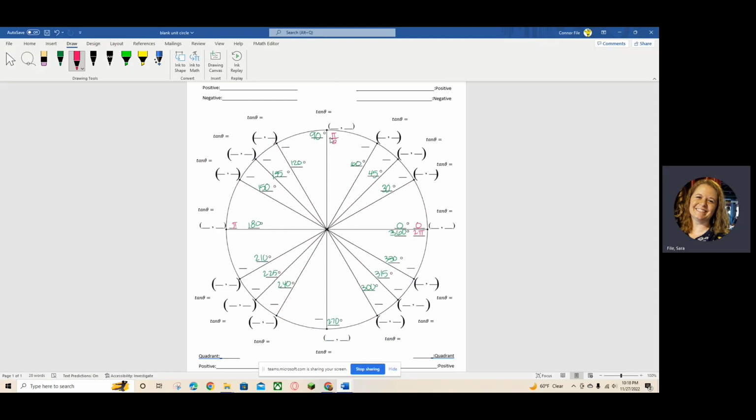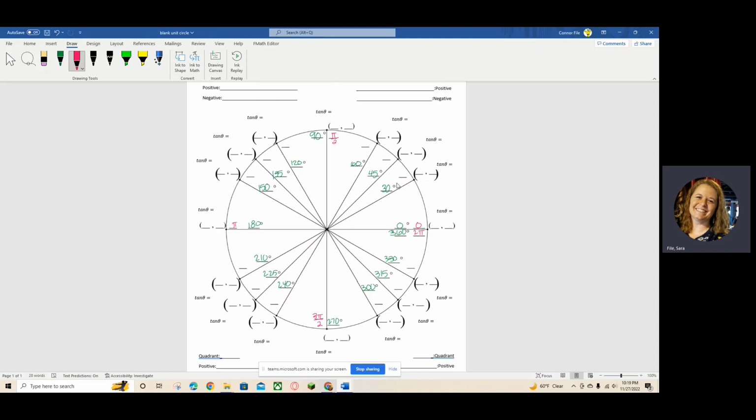Okay, so every 90 degrees is 1/2. So if we look at 0 halves, 1/2, 2 halves is a whole pi, 3 halves, so this is 3 pi halves. 4 halves is 2. So 4 pi halves would just be 2 pi.